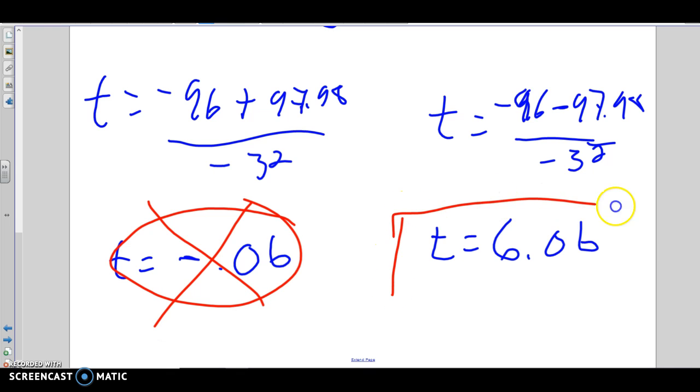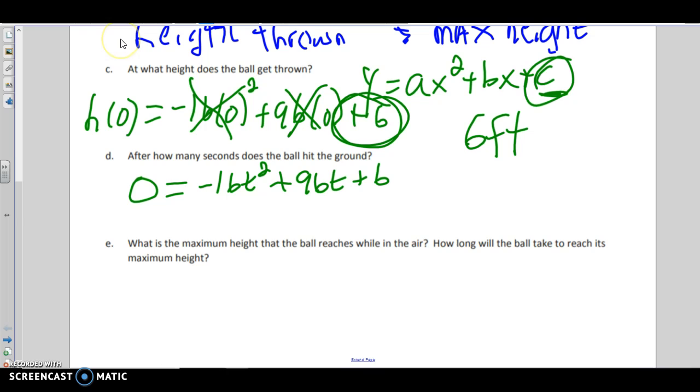Which means 6.06 seconds is how long it'll take for the ball to go up in the air and come back down and hit the ground. So the answer to D, using all that math, would be 6.06 seconds.